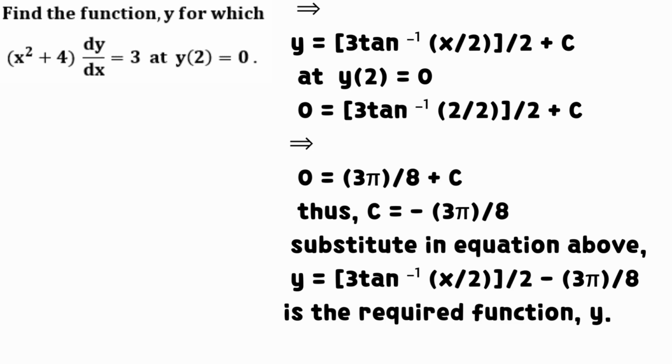Substitute in the integrated equation for c to find the function y, as shown on the screen. Therefore, y equals the sum of the product of 3 over 2 and the tan inverse of half of x and negative 3 times pi over 8 is the required function, y.